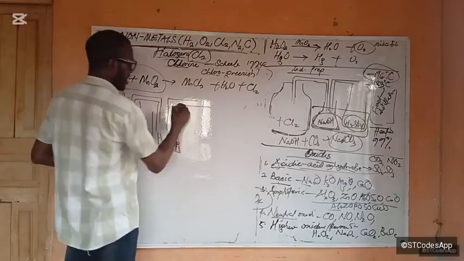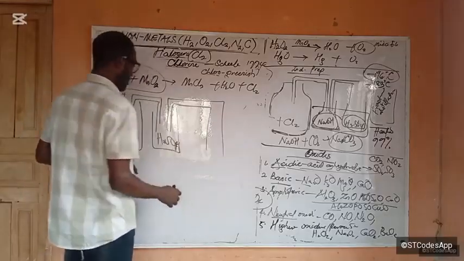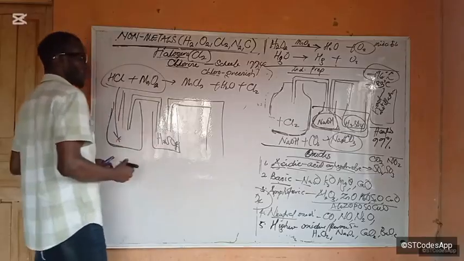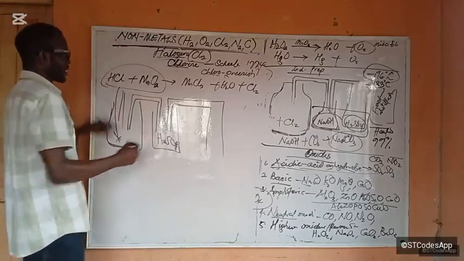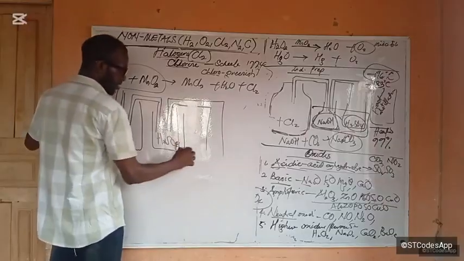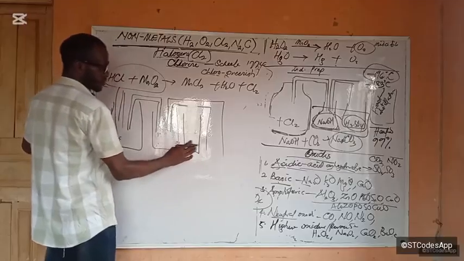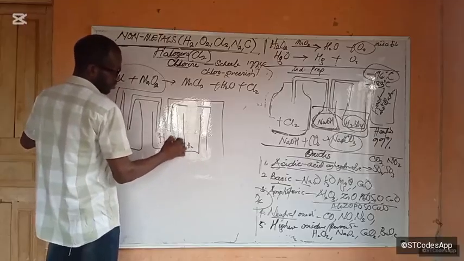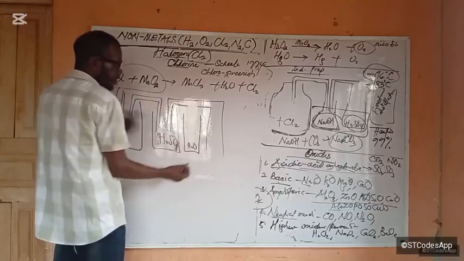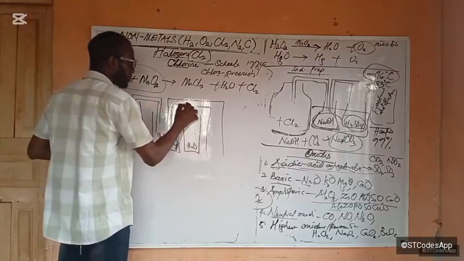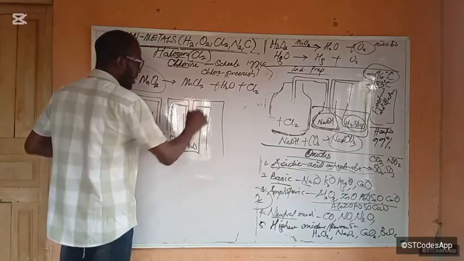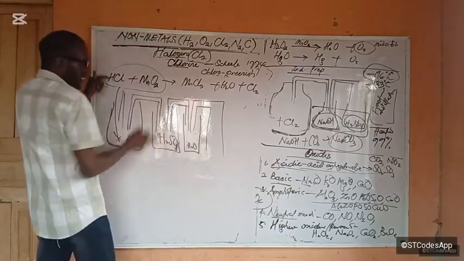Then we'll also have another cylinder here where water is. In fact, that one comes before the acid, but you can do it either way. There's water because in the laboratory, some HCl gas will still move with it.